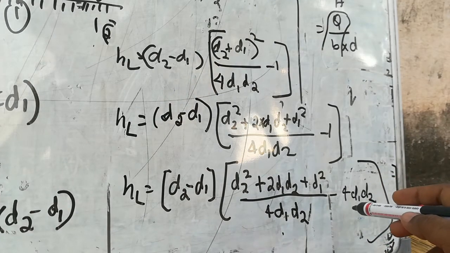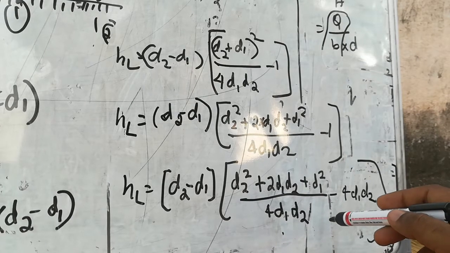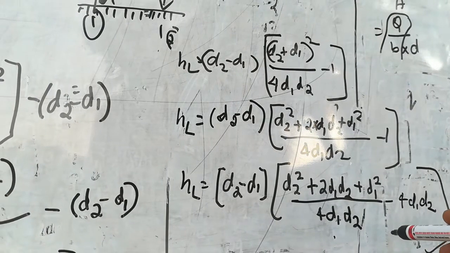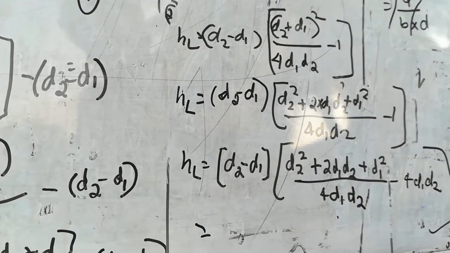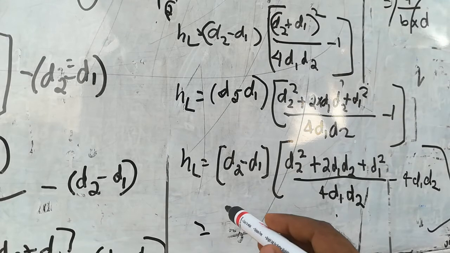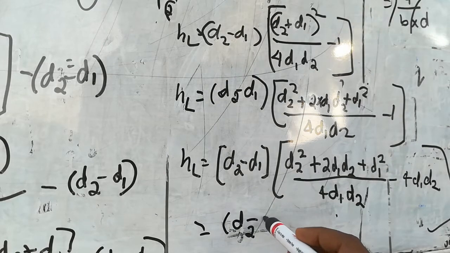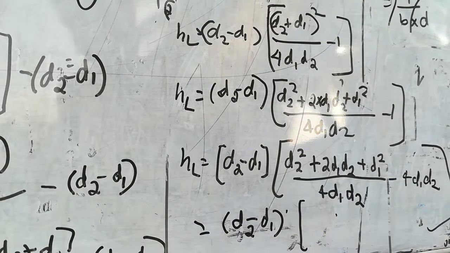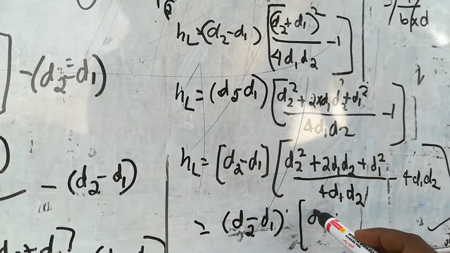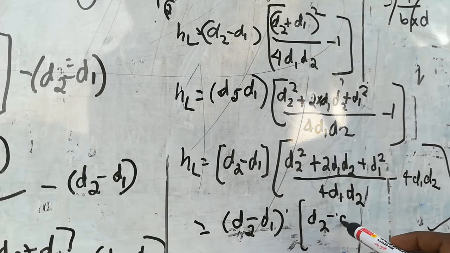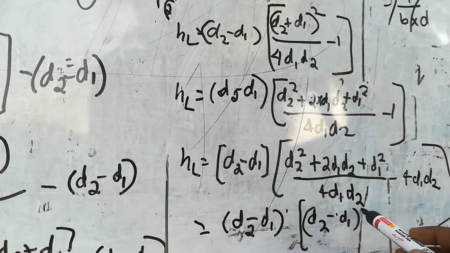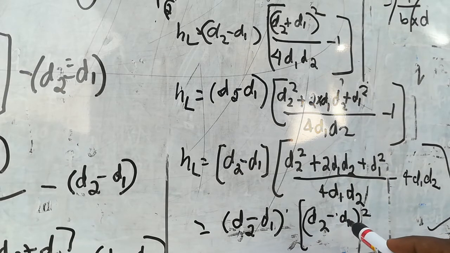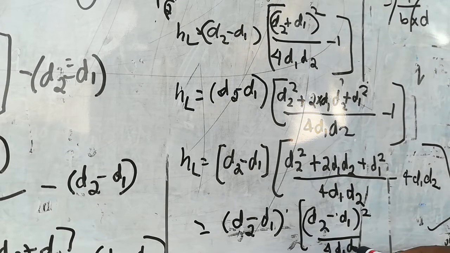Next I can write this equation d2 minus d1, and this one you can write a plus b whole square, d2 minus d1 whole square, divided by 4 d1 d2.